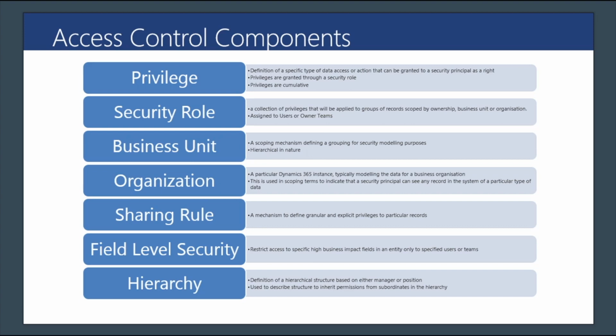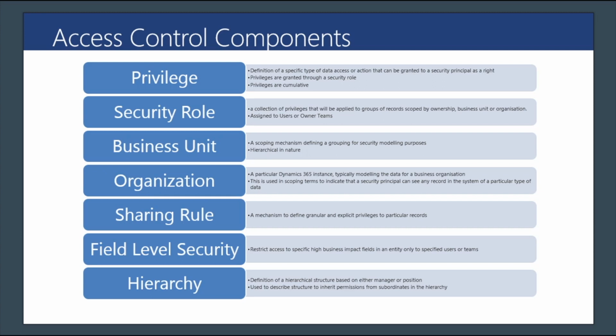We also have the concept of field level security within Dynamics 365, and this allows you to restrict access to particular fields for a given entity. And the access to those fields can be granted to users or teams within the system. And then we also have the concept of hierarchies.